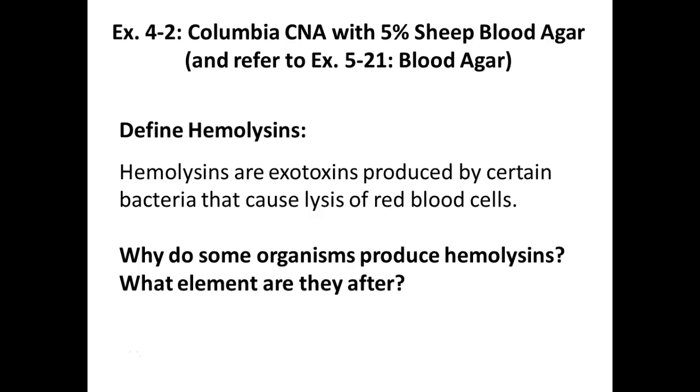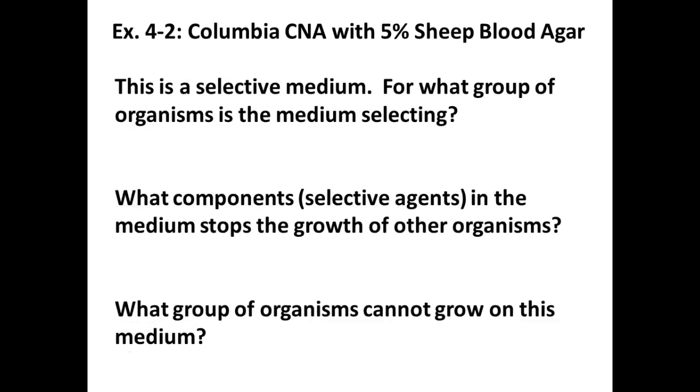So elements are things like carbon and nitrogen, oxygen. What one is in really high concentration in your red blood cells? Iron. It's the iron they're after. Red blood cells are a very rich source of iron.